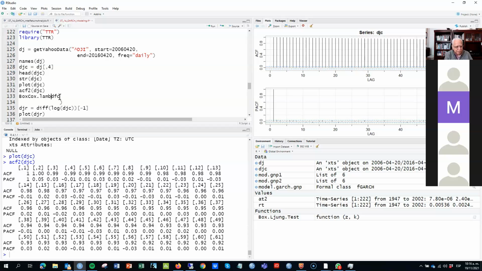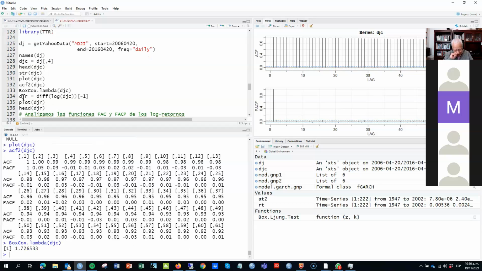Oh, that's why I had an extra parenthesis here that I hadn't seen. Okay. So I'm going to do this thing, Box-Cox lambda, and it gives me 1.72. So clearly it tells me to square the data.